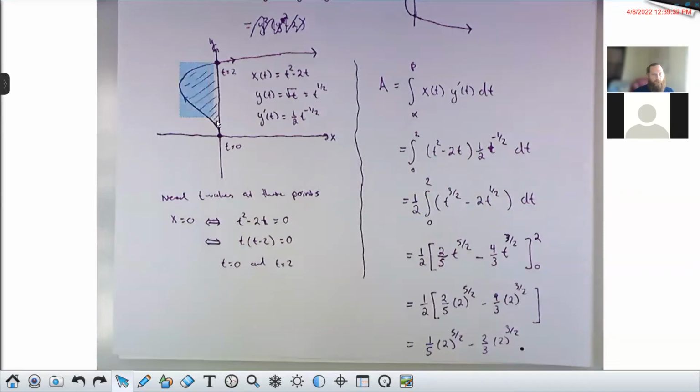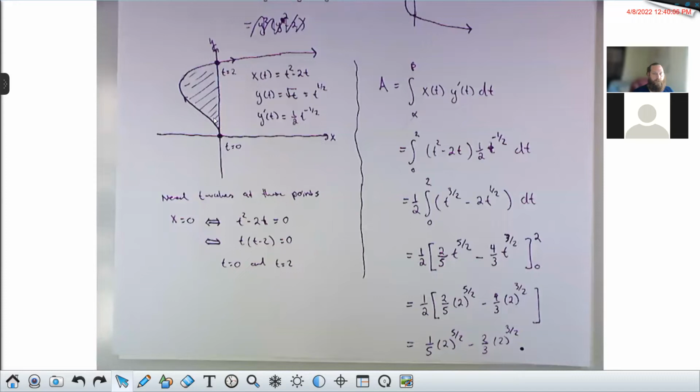Do I expect this area to be measured as positive or negative, and why? Definitely, if I'm just referring to it as an area, I would want to say that this is positive.